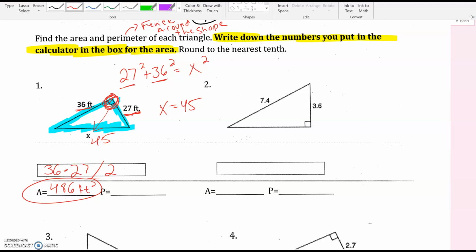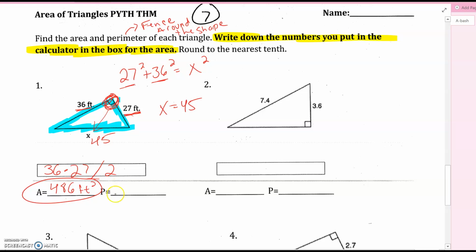So then for your perimeter, you would have 36 plus 27 plus 45, equals my perimeter, which is 108 feet.